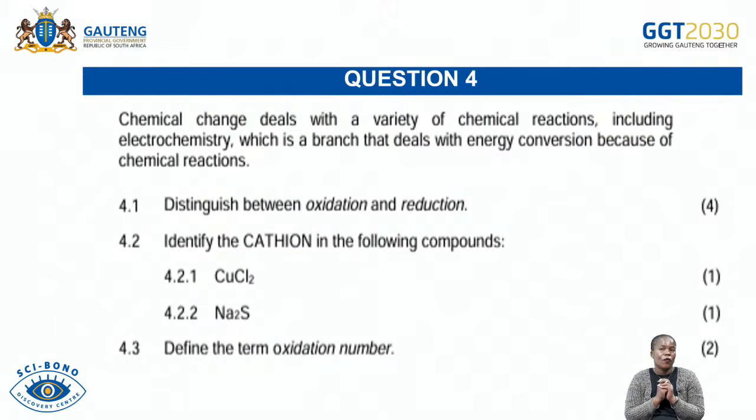That is a very simple 4 marks. Then 4.2 says, identify the cation in the following compounds: CuCl2 and Na2S. 4.3 then says, define the term oxidation number. What is an oxidation number?